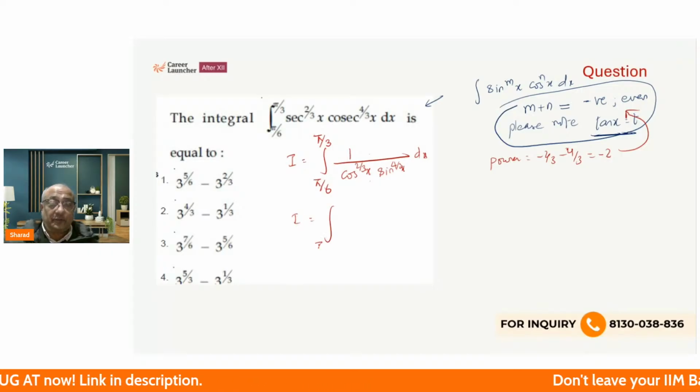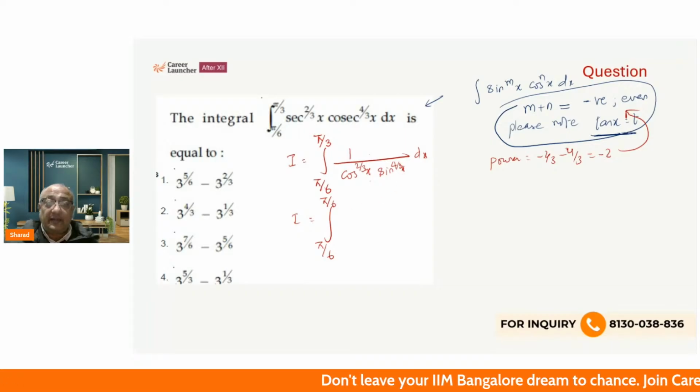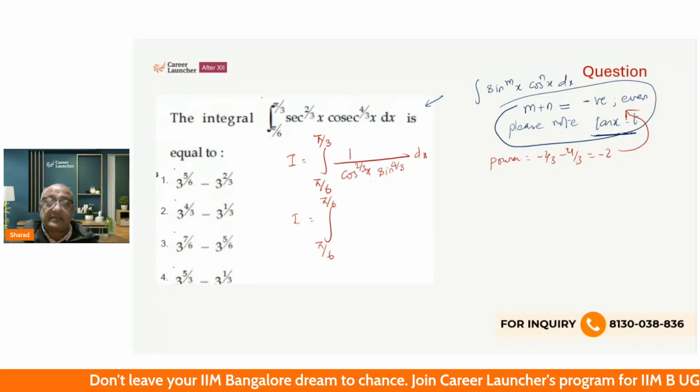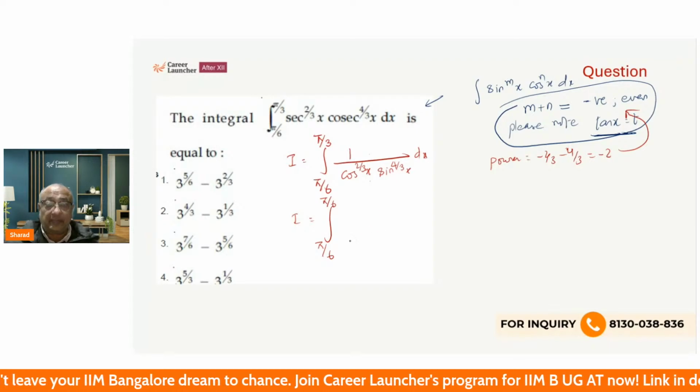So I have to take tan x is equal to t. How do I do it? It's a simple logic. Look at the power of sin x, which is 4 by 3.